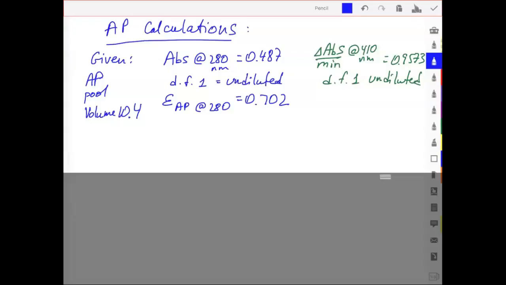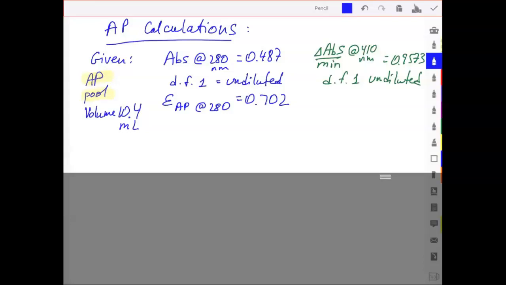So we're going to go over AP calculations. For the example where we have a purified pool of alkaline phosphatase, it has volume 10.4 milliliters, and we have measured two kinds of absorbance measurements.